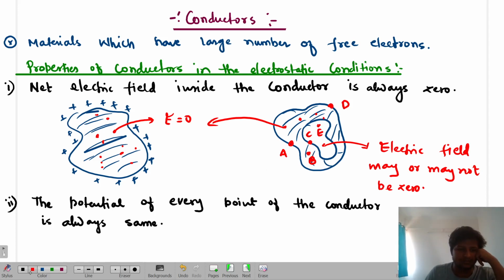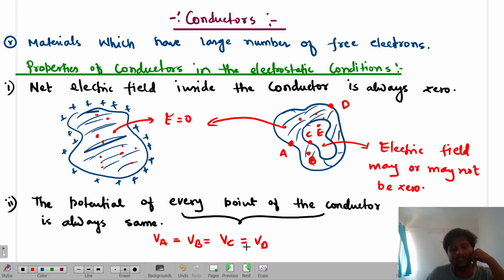Then definitely the potential on every point of the conductor is the same. That means potential at A is equal to potential at B is equal to potential at D. But E is not a point on the conductor. So potential at E may or may not be the same. Why not?